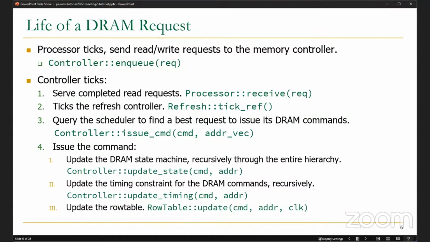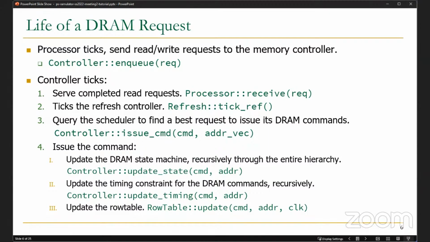The row table is a special data structure in Ramulator that is used to optimize the modeling of the DRAM hierarchy. In Ramulator, we only model the DRAM hierarchy recursively up until the bank level, because a bank contains too many rows that if we model every single row as a DRAM node in the hierarchy, the performance would be catastrophic.